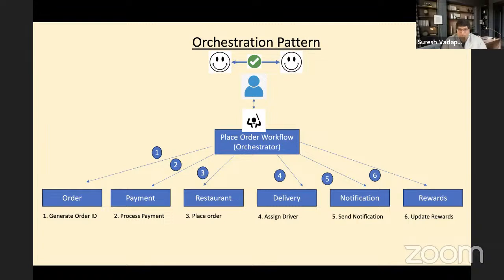Then I send a notification saying the restaurant is making your order, or the driver is on his way. And if there is any special rewards program, I say, hey, with this order you got 50 points. So this is a synchronous RESTful orchestration pattern where there is a request.